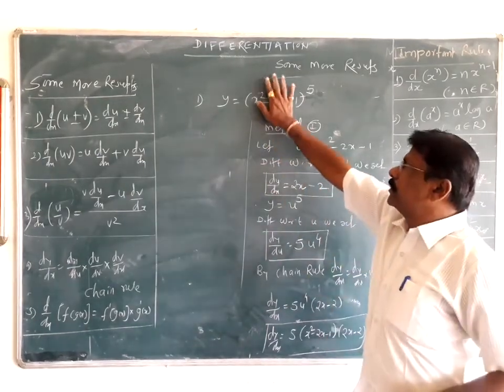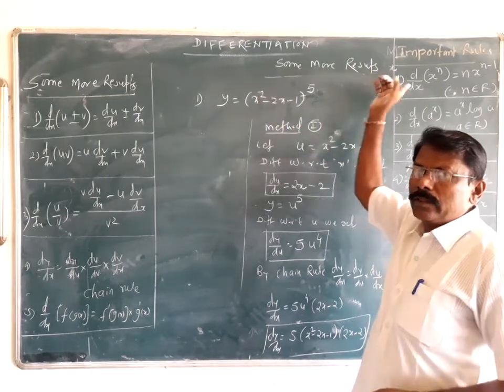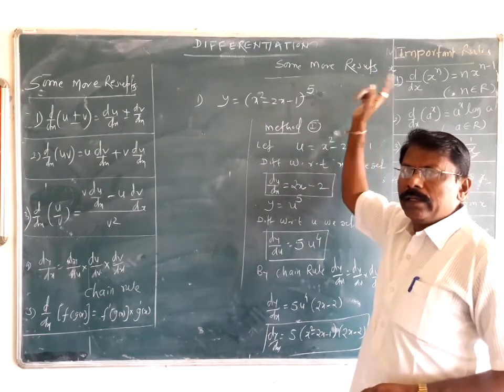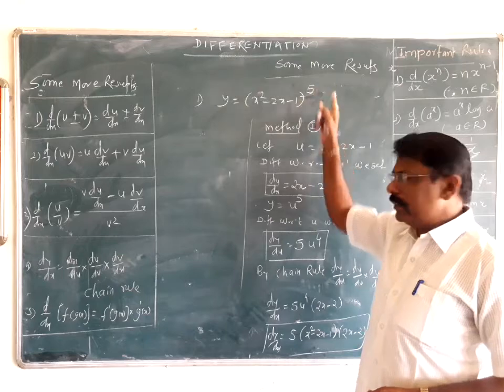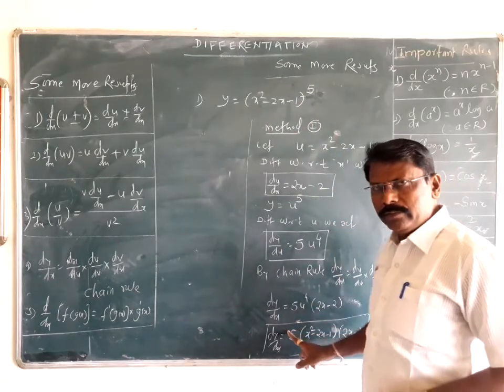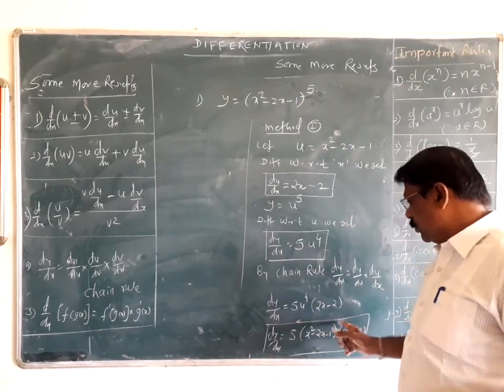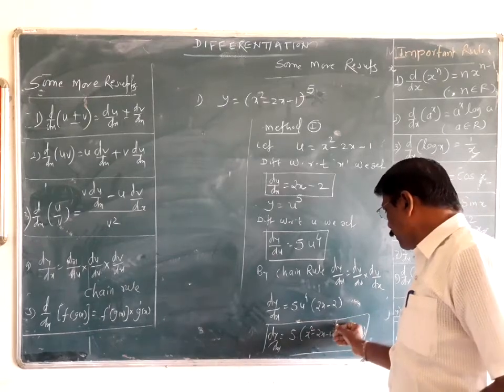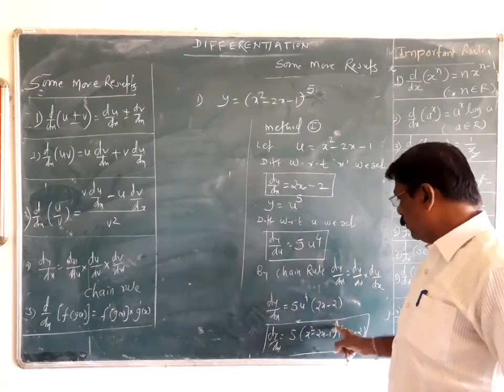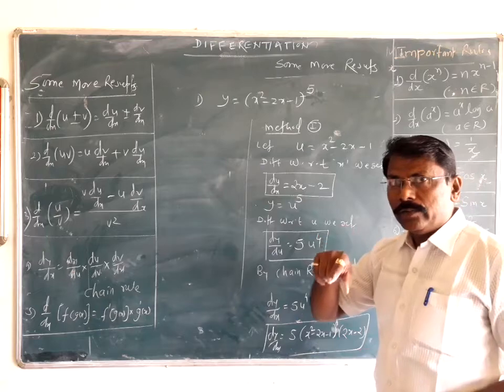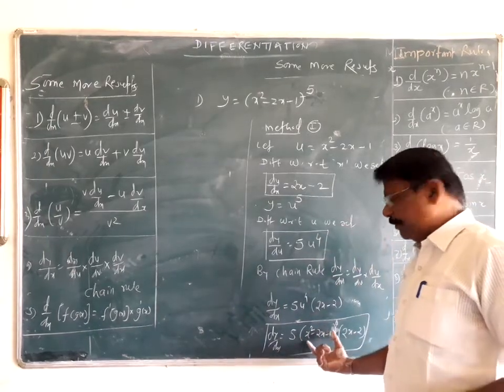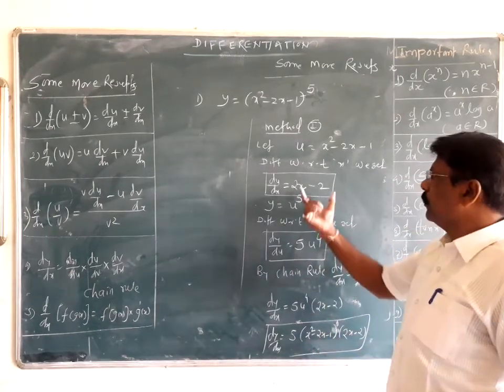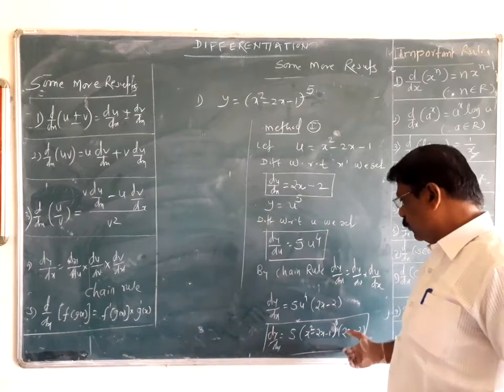Forget about what is inside; it goes to x raised to n. What is the derivative? n x raised to n minus 1, means 5 times this function raised to 4, into the derivative of the bracketed function. The derivative of the bracketed function is 2x minus 2.